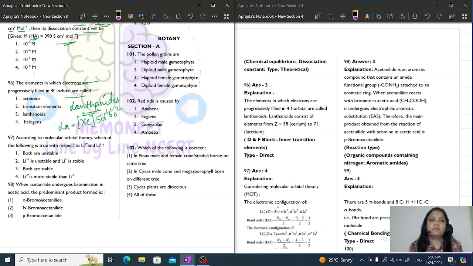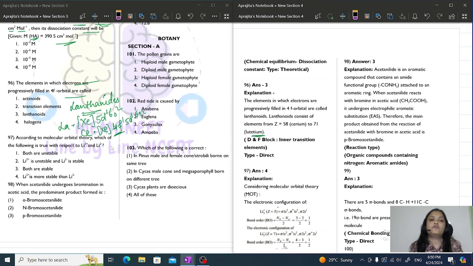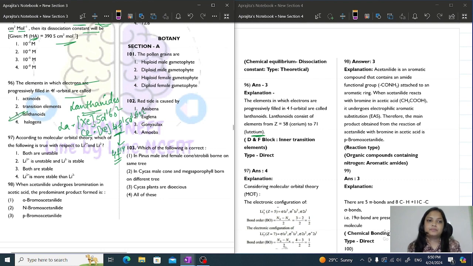Then the first member is cerium, which is Xe 4f1 5d1 6s2. So from cerium up to lutetium, 4f1 to 4f14 are filled. So the answer is option number 3, lanthanoids.